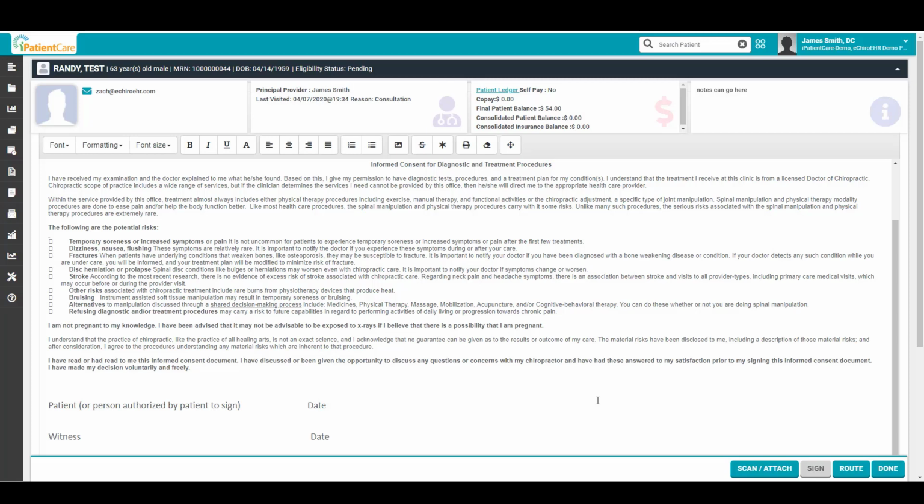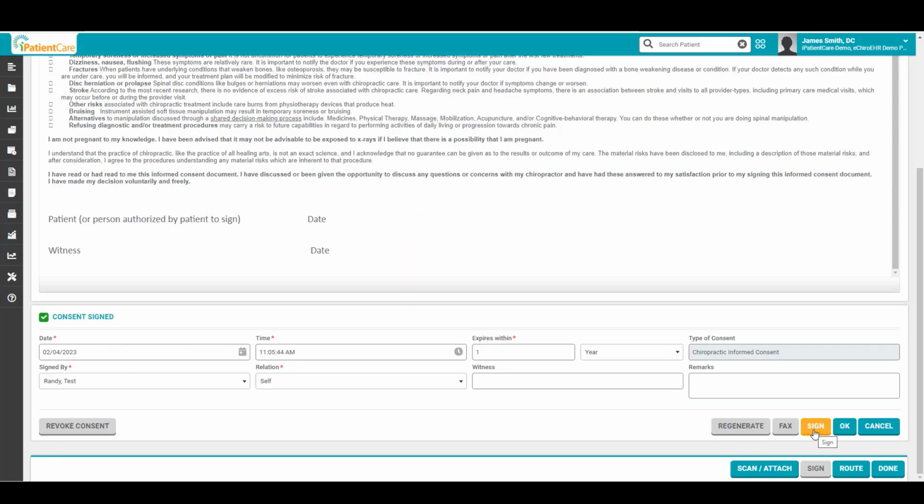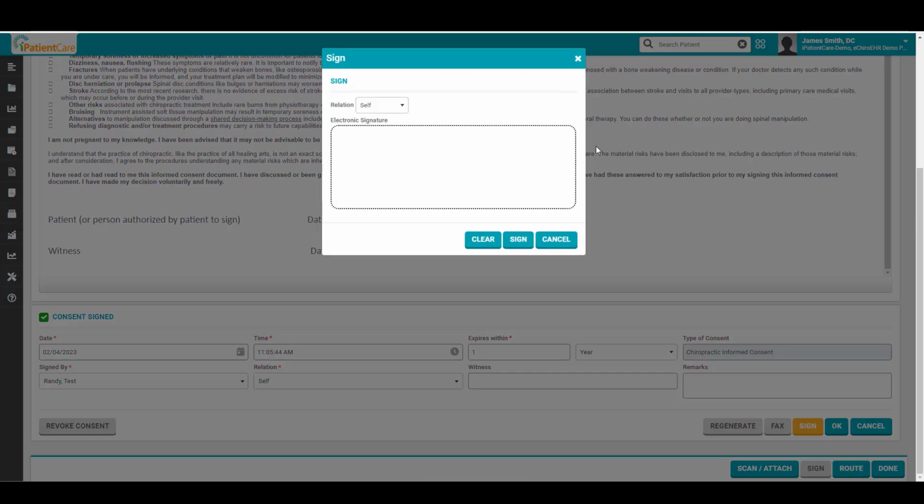Once the patient has provided their consent, then the patient can sign the consent form by clicking on Sign. And make their signature if it's themselves or if there was any other caregiver that is signing for the patient, and click Sign.